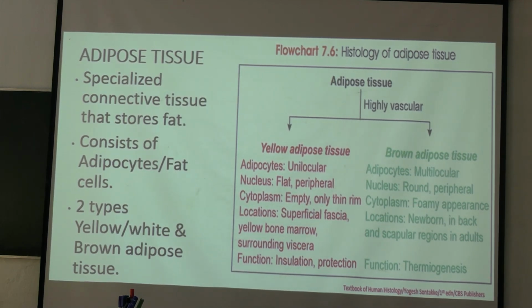Okay, heat production. It helps in heat production in the child, newborn child. So adipose tissue comes as a short note. You have to write like this. Okay, and if adipose cells come, you have to write two types of cells: unilocular and multilocular cells.